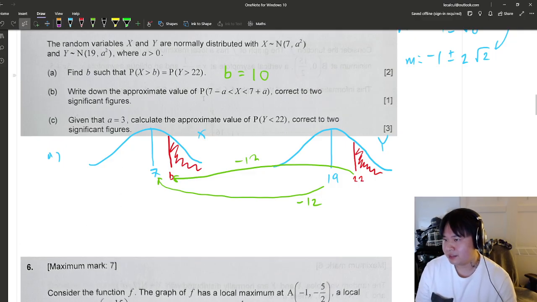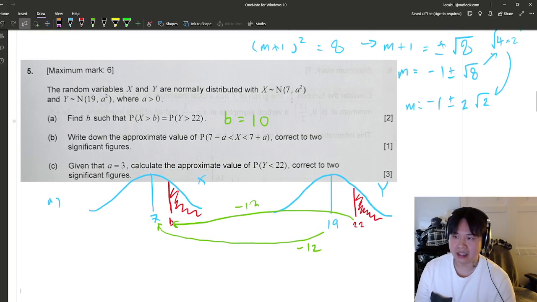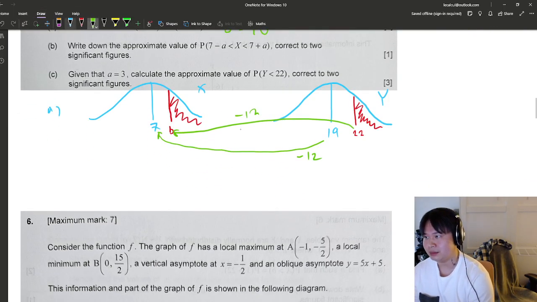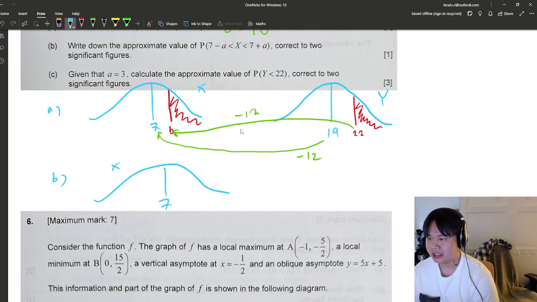Write down the approximate value of the probability of x being between 7 minus a and 7 plus a. Okay, a is our standard deviation. So this is literally saying within one standard deviation. So this is something, again, that comes from your memory. You got x, this is 7, and then within a single a, one standard deviation.